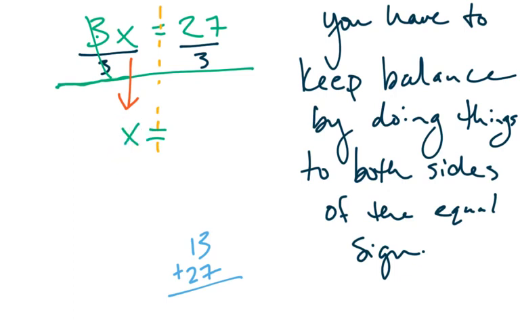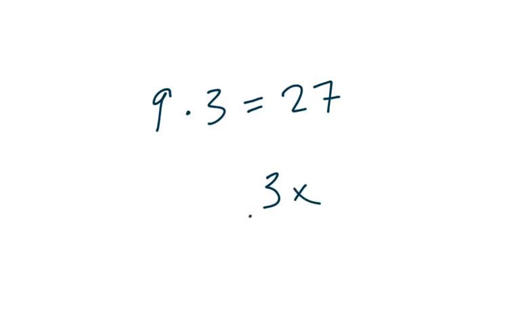And then 27 divided by 3 is 9. And so this is my final answer. Okay, so let me show you something. If I take 9 and I multiply it by 3, I get 27. So that's why when I get 3x, I want to do the inverse or the opposite and divide by 3. Let me do a better example.